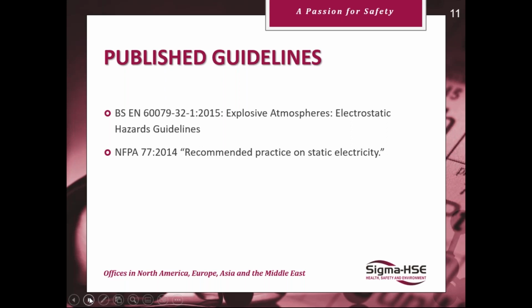But always remember, even though you've read it, a little bit of knowledge is a very dangerous thing. If you work in America or with American regulations, then you've got NFPA 77 from 2014, recommended practice on static electricity.